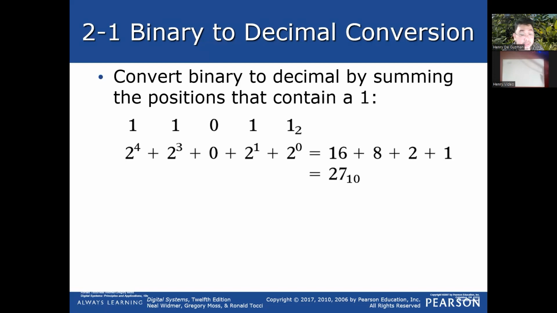Convert binary to decimal by summing the positions that contain a 1. So we have a value of 1, 1, 0, 1, 1 in binary. How do we convert that into decimal? As you notice, this is the power of 2.